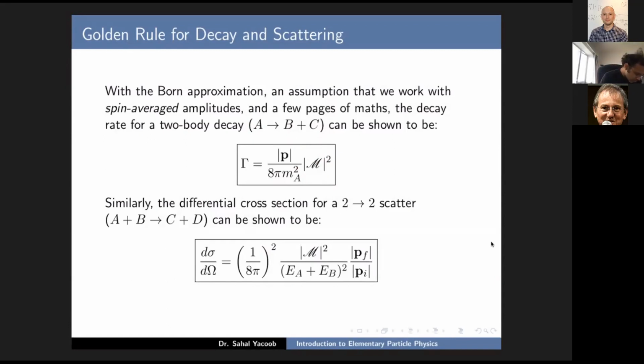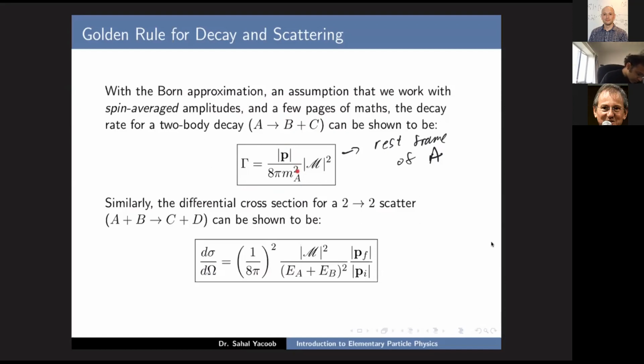And then this other piece, which contains the kinematics, is evaluated in the rest frame of particle A, and this momentum is the momentum of particle B or particle C. Because we're in the rest frame of A, and conservation of momentum tells us that these particles must be back to back.